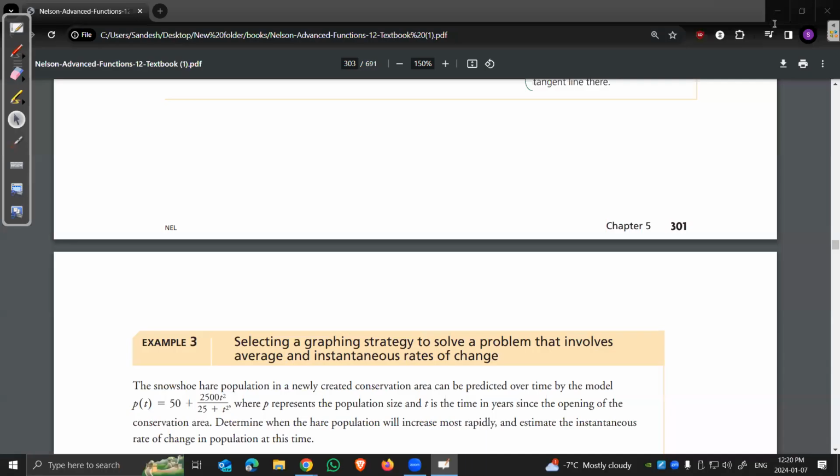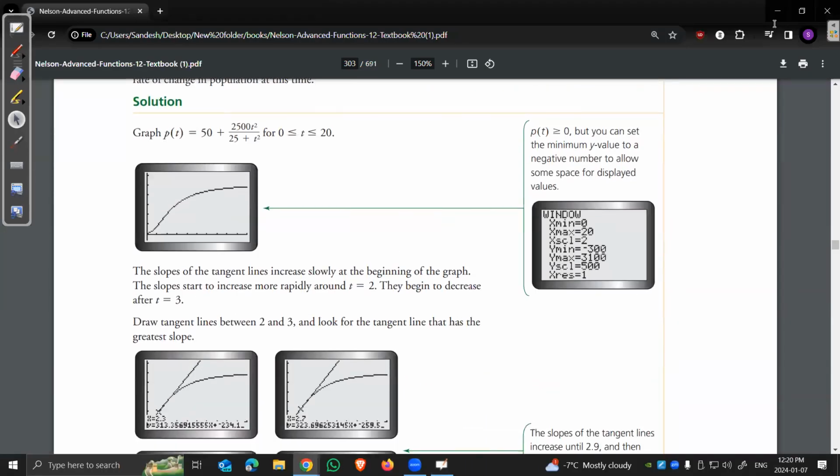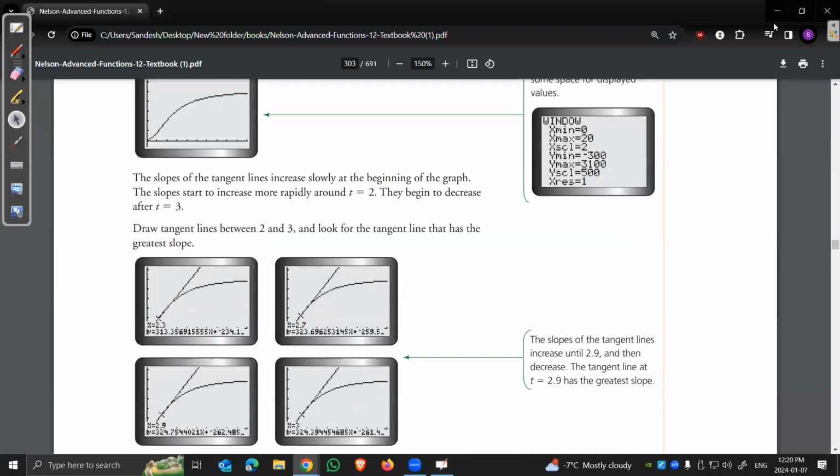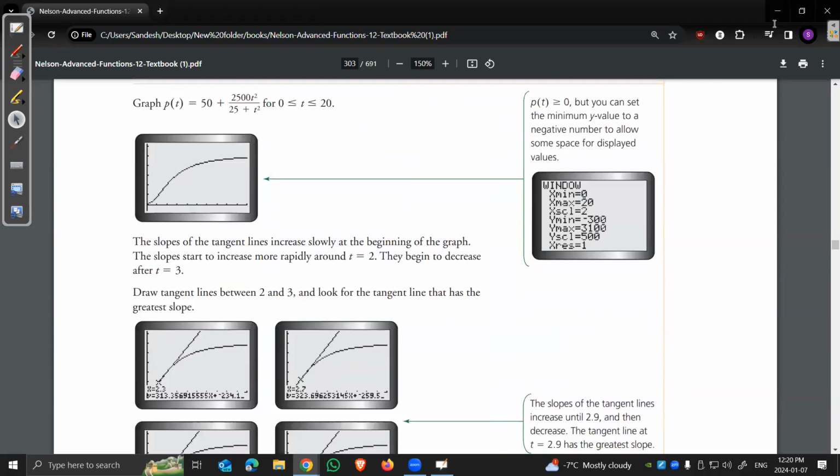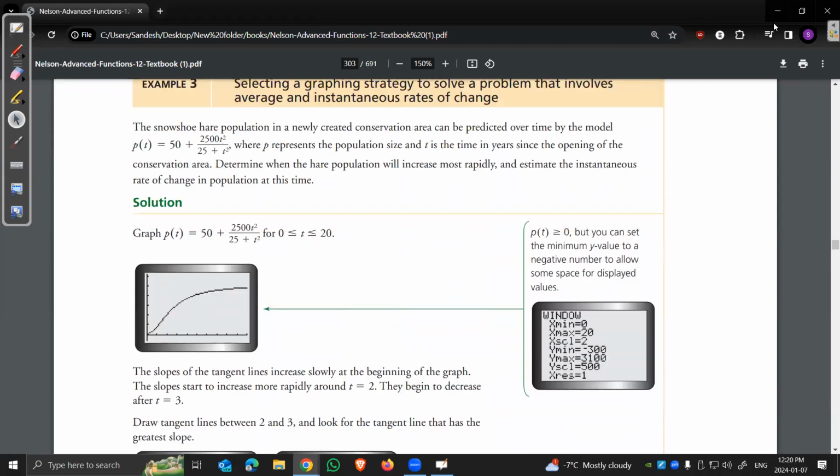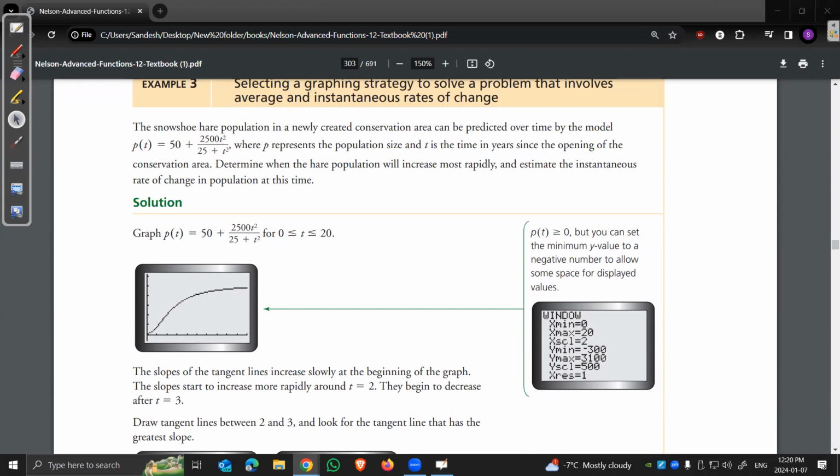Graphing this is not very simple, so we're going to just use a graphing calculator, which they've already done for us. Or maybe I'll use Desmos because the axis numbers are not that clear. 50 plus 2500 x squared divided by 25 plus x squared.